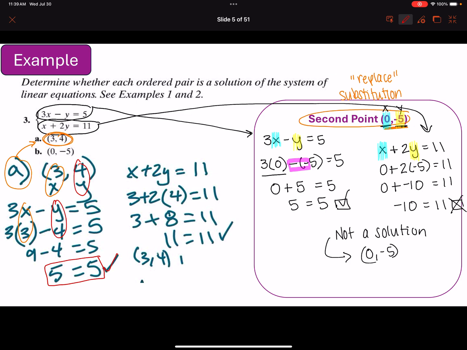That works for the first equation. Repeating again for the second equation, and 11 equals 11. Again, using that same substitution. I'm just for the sake of time not working through each step, but then you would say, yes, 3, 4 is a solution, meaning that is the point at which those two lines would cross when they're graphed.